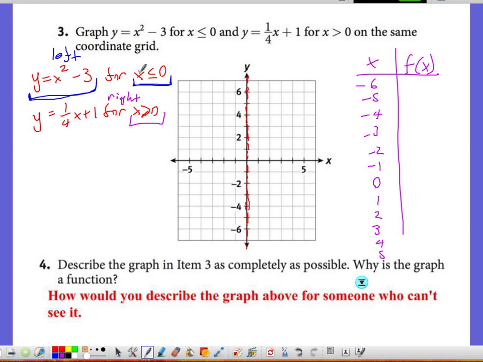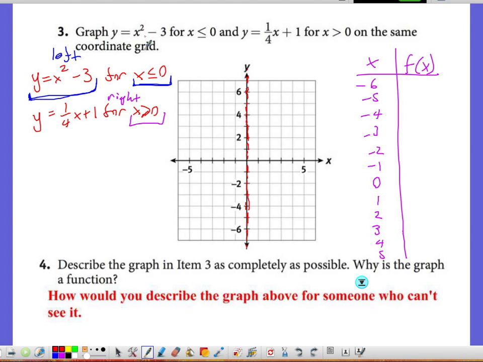Alright. Now, once you create your table, you have to figure out, am I going to take all these numbers and plug them into this function or that function? Well, you're going to have to look at your domain restrictions.